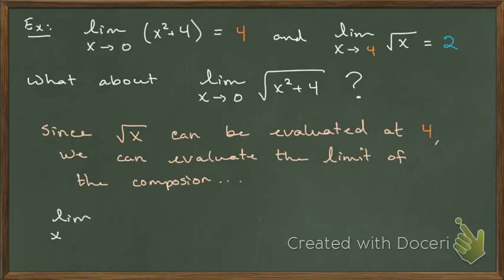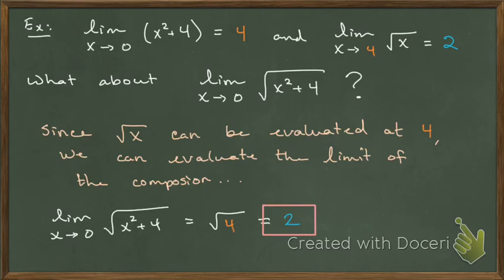Okay? So what I've got is the limit as x goes to 0 of the square root of x squared plus 4 is really just the square root of 4, which is 2. I try to make things complicated, not on purpose, but so that you pay attention. And when you're working inside a function, you've just got to be a little bit careful.